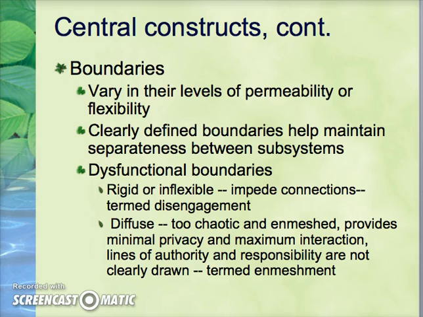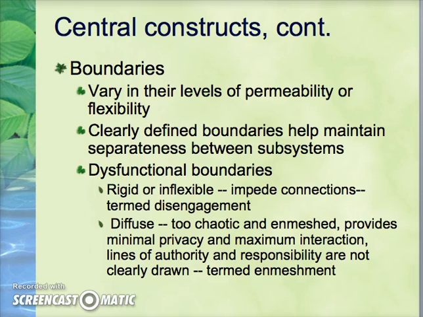Dysfunctional boundaries, rigid or inflexible boundaries that impede connections, this is termed disengagement. And so when those rigid boundaries are in place and one family member is not included or certain subsystems are not included, the sibling subsystem is so tight that the parents can't break in, it's very rigid, that impedes connections and it's disengaged, right? Diffuse boundaries are chaotic and enmeshed.